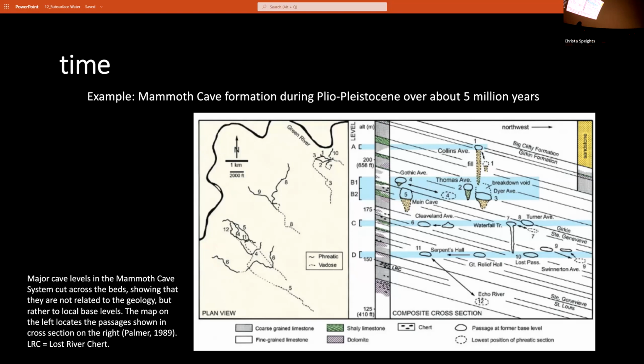So all of these things work together: the soluble rock and the weathering and the erosion over long periods of time to make these large cave networks.